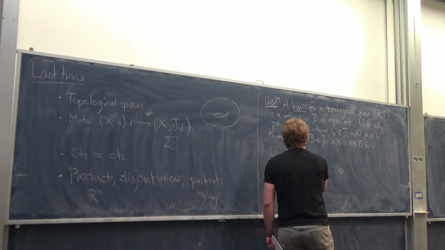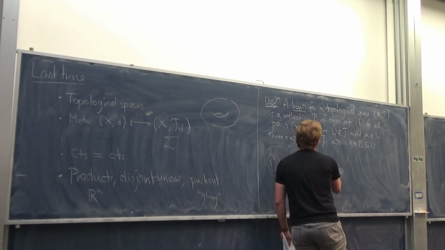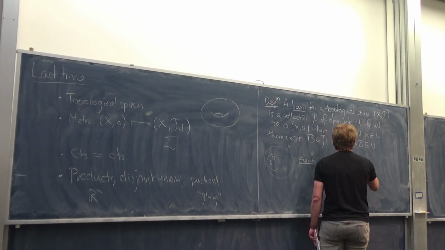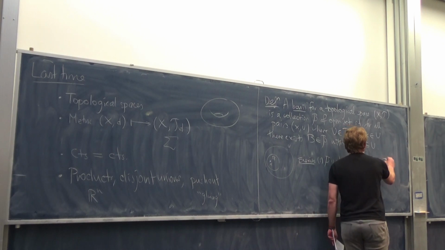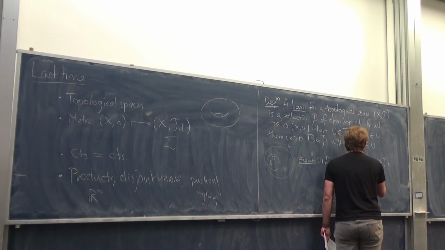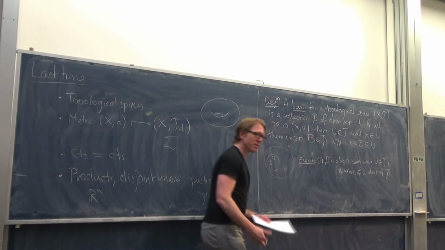So some exercises. B is a basis if and only if every U in T is a union of a subset of B. By union, I mean the union set, as I defined it last time.